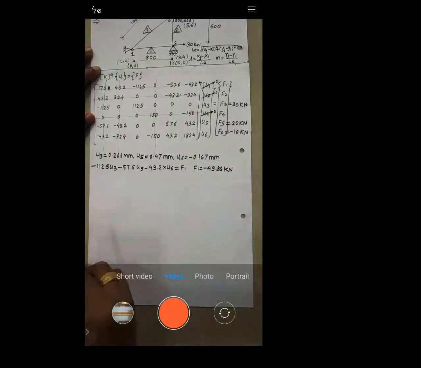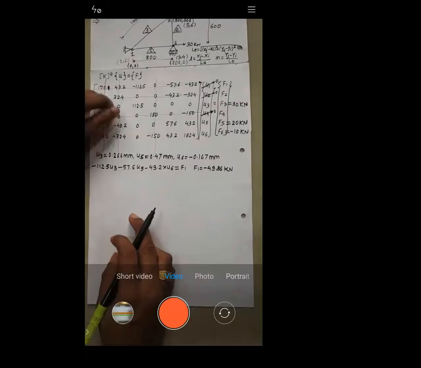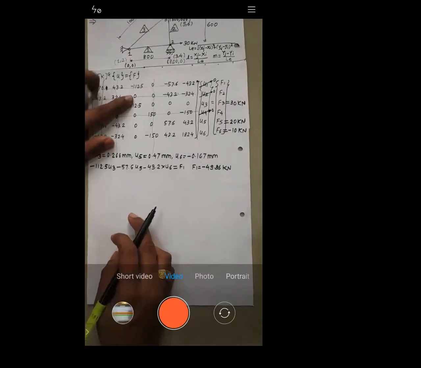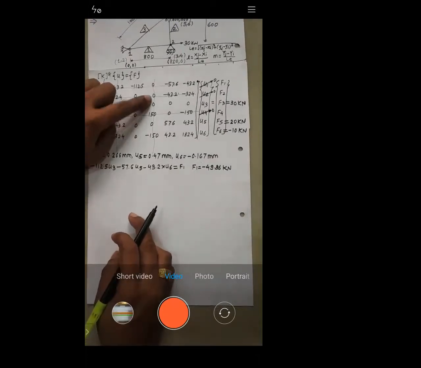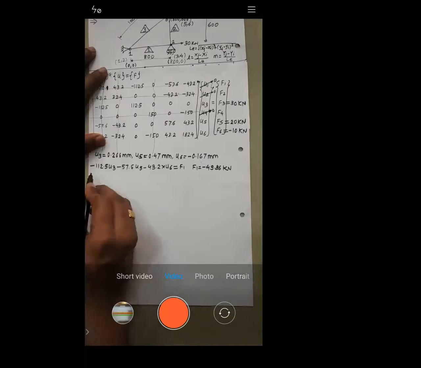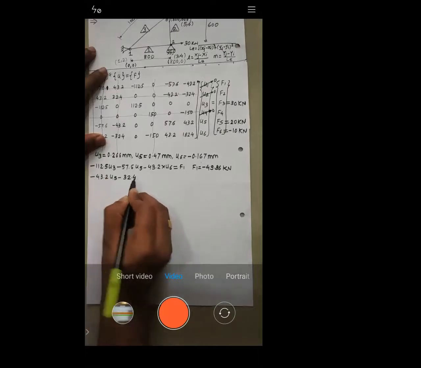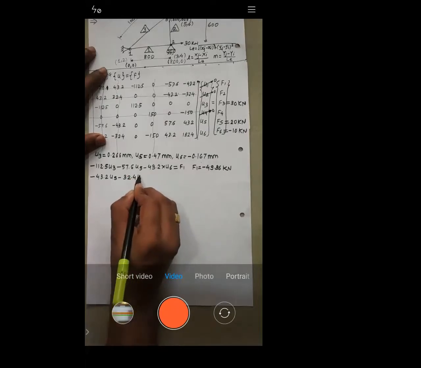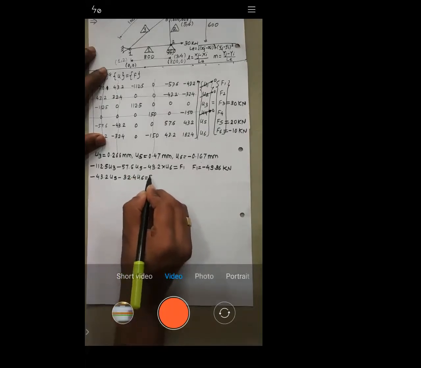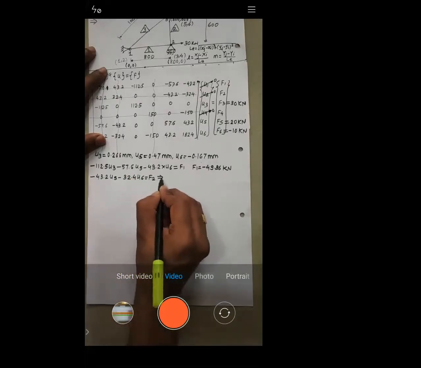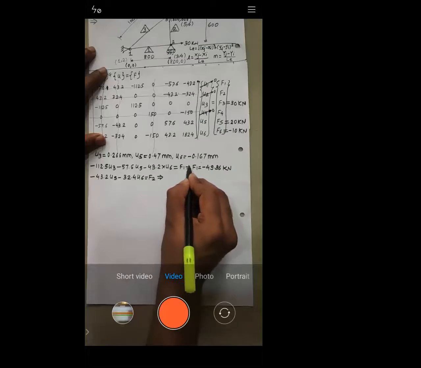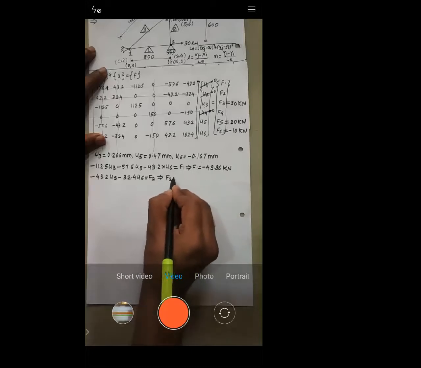So can we do for F2? How will we do F2? Initial two terms are 0. Again, this third term is 0. Again, this fourth term is 0. What is remaining? It's minus 43.2 U5 minus 32.4 U6 is equal to F2. Right? So calculate the value of F2.